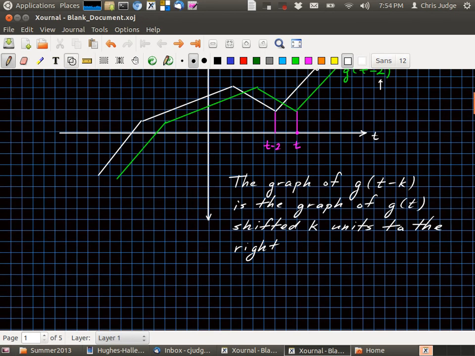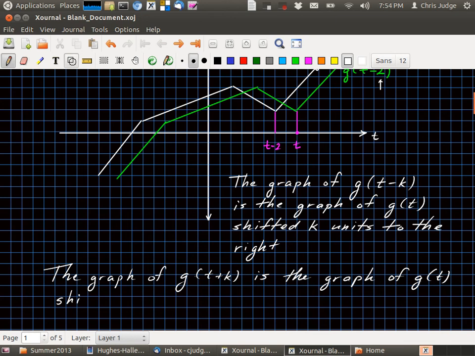Okay, so the rule for shifting to the left is as follows. The graph of g of t plus k is the graph of the original function g of t shifted k units to the left.